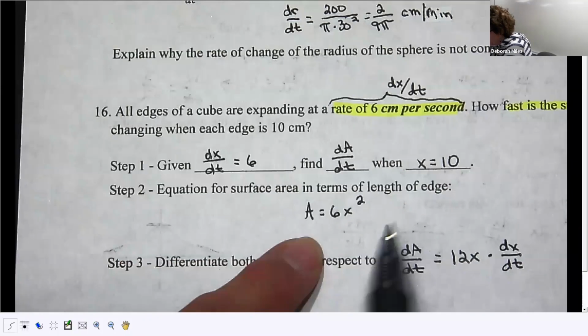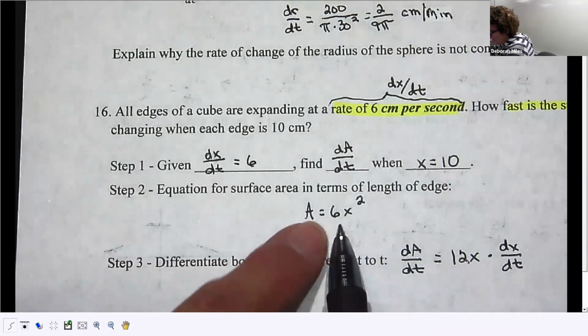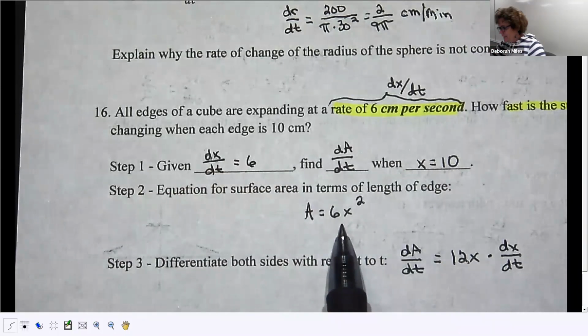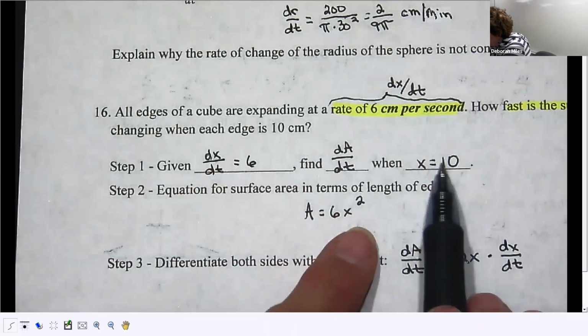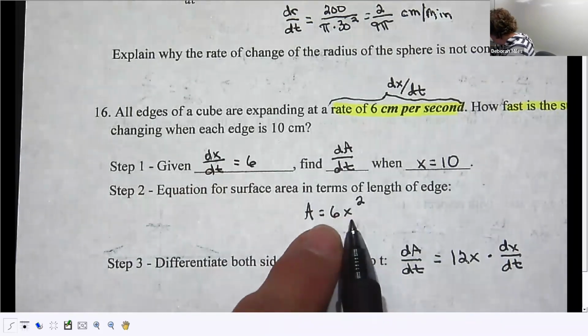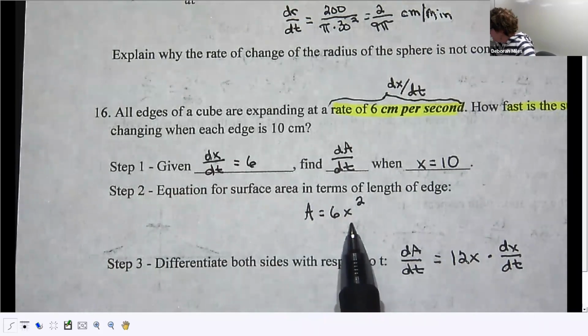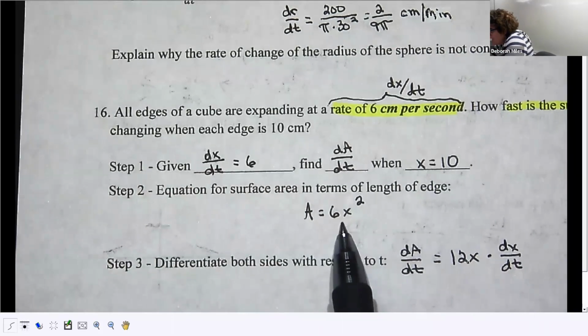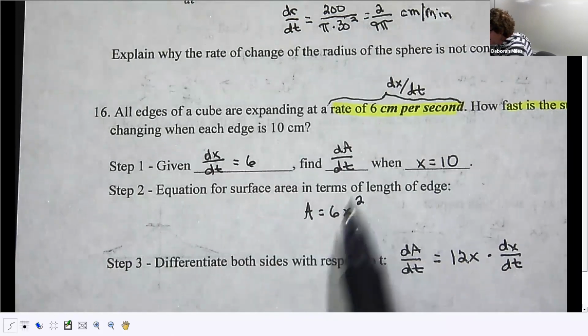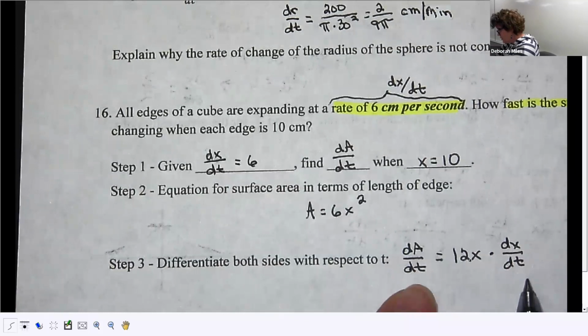Now, here's the problem with plugging in numbers too early, and that's the thing that I see on the test. If you went ahead and put 10 in the place of x right here, the right-hand side is just a constant, and the derivative of a constant is 0. So you can't plug in numbers for things that are changing until after you've done the differentiation.